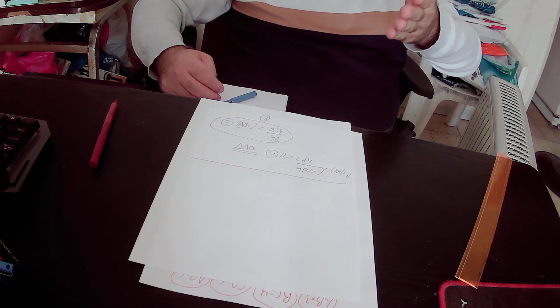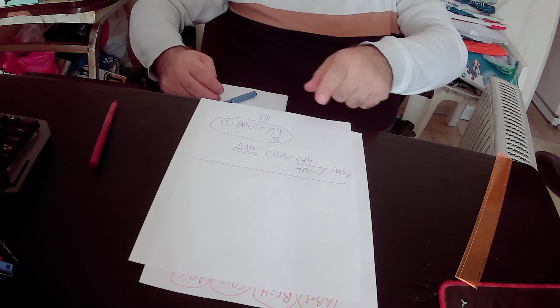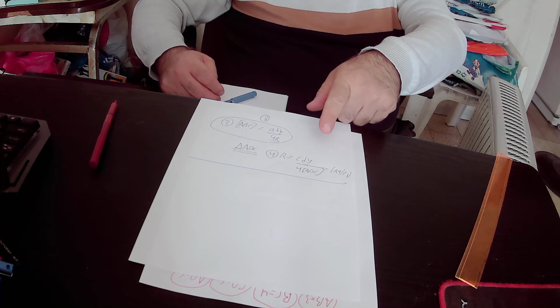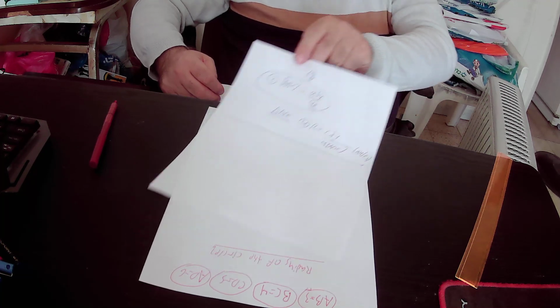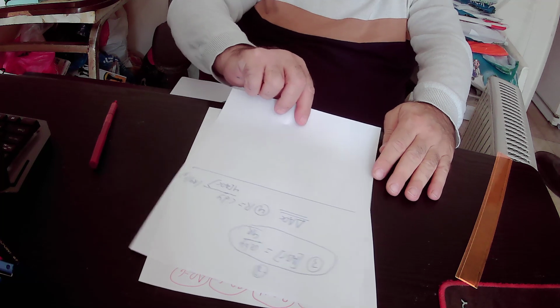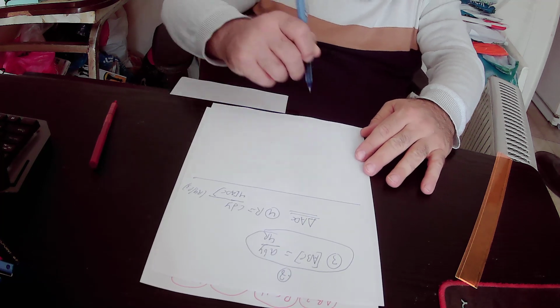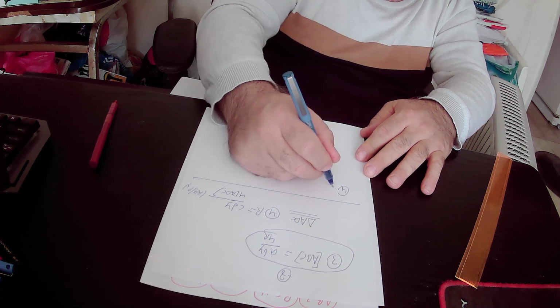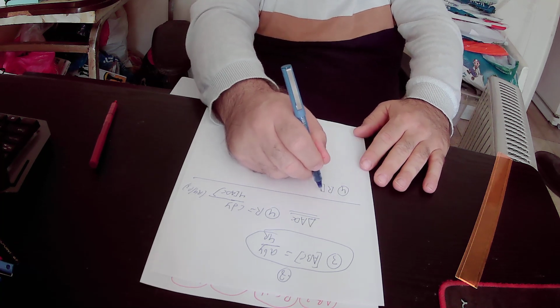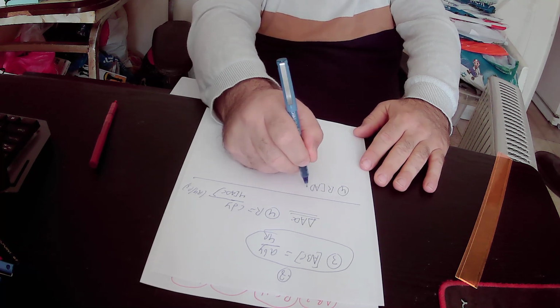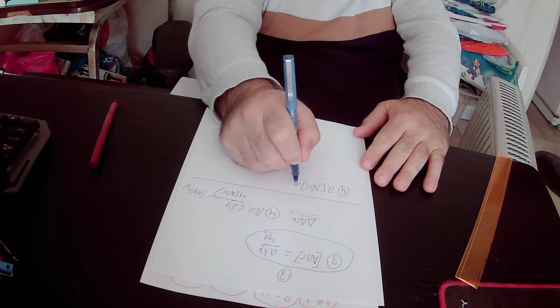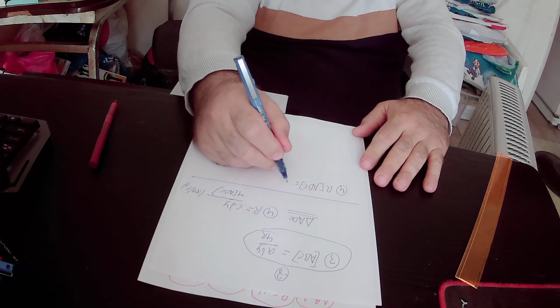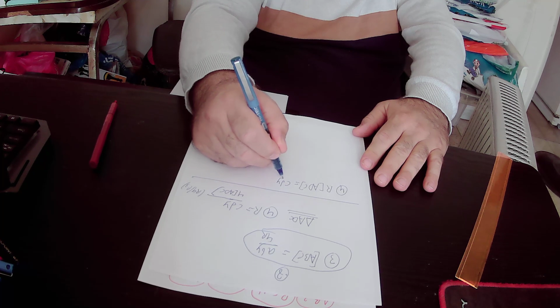Here we will multiply equation number 4 by the area of triangle ADC, and we will get that R times the area of triangle ADC equals CDY over 4.